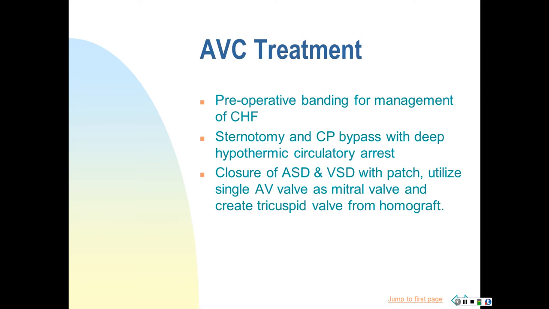So once we have done the post-op care, actually this is talking about the surgery itself, where they're going to go in. Now it says deep hypothermic circulatory arrest. What deep hypothermic circulatory arrest means is we're going to chill this child down to the 60-degree Fahrenheit point, so that they really don't need a lot of blood supply anywhere, and then we turn the bypass machine off.